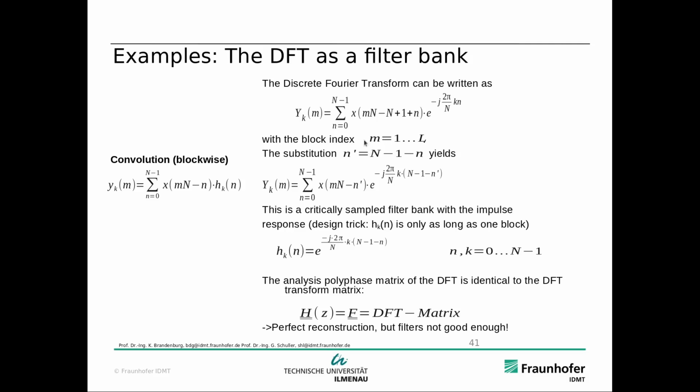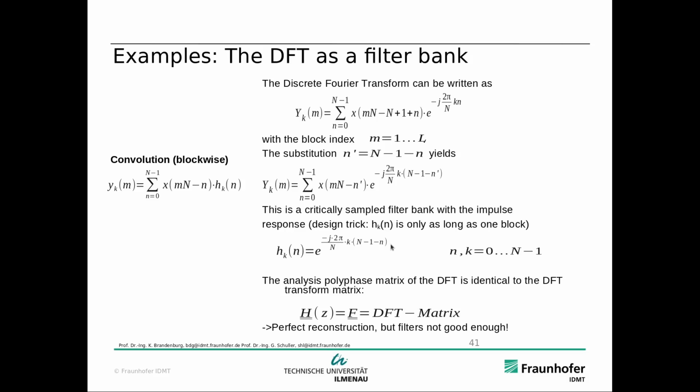We obtain this by the simple index substitution n' = N - 1 - n, so just time reversal over this block. Then we have this index here doing reversal, and here we have another reversal. And this is a critically sampled filter bank with the impulse response h_k. Compare it with this here, and it's basically the same thing.